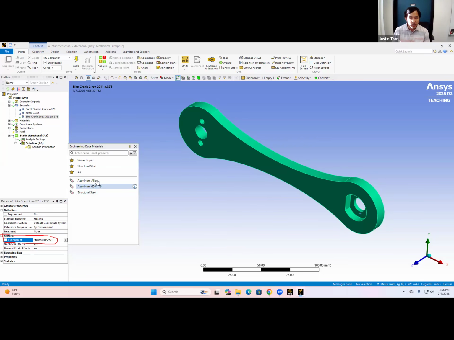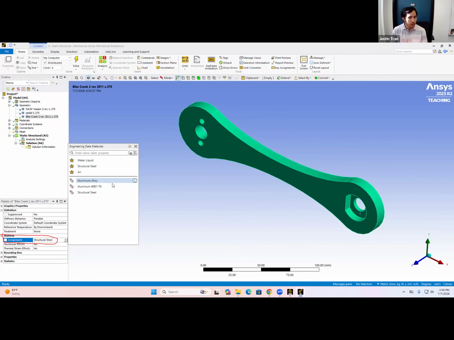And you can see the different materials that we've added to our project. And so we have the aluminum alloy. That was the aluminum that we loaded in automatically from the ANSYS material library. And we have the aluminum 6061 T6, which was the custom aluminum that we added in, where we input the Young's modulus and Poisson's ratio more directly.